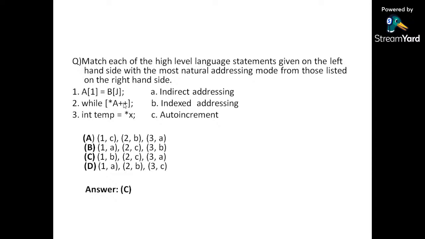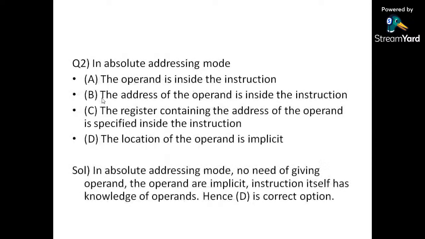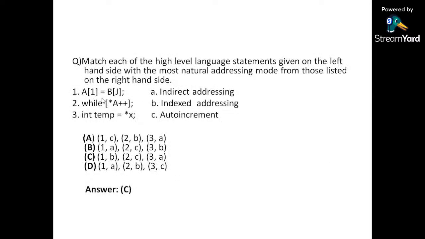How do we know that it is an example of auto increment addressing mode? You can see the plus plus sign written after a, which means whatever the contents of register a, it needs to be incremented. Plus plus is the sign of increment. So from here we can understand that it is the auto increment addressing mode.